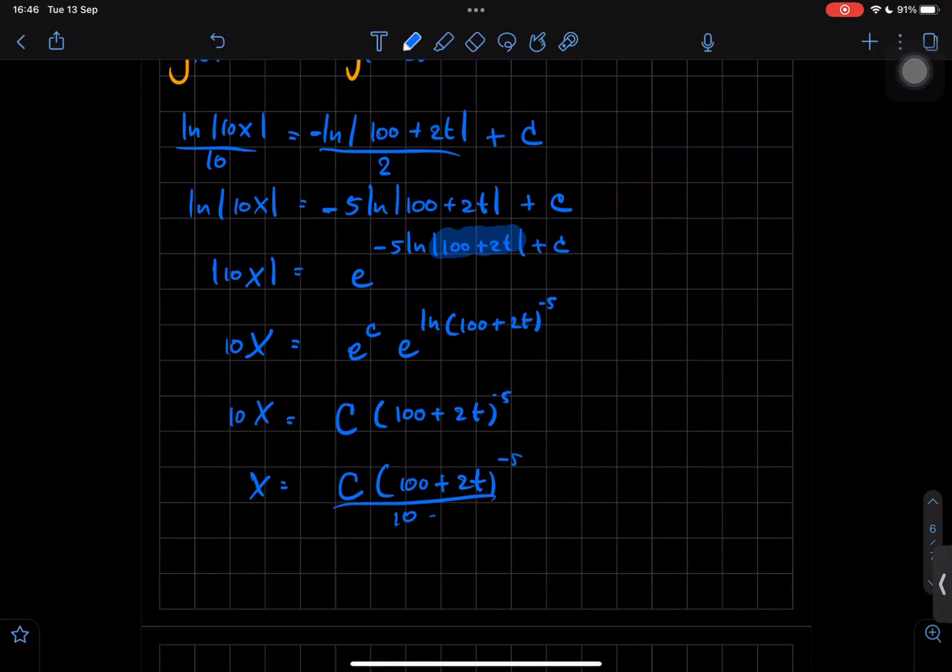And if they give you some initial condition, then you can find it at a specific time.